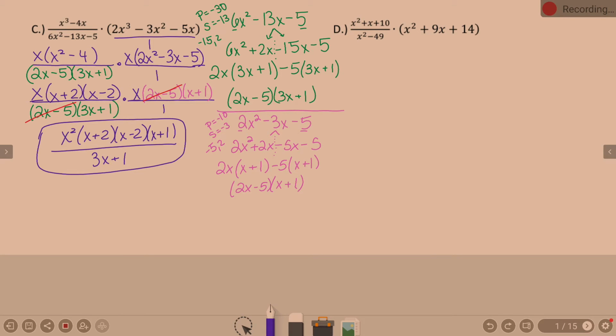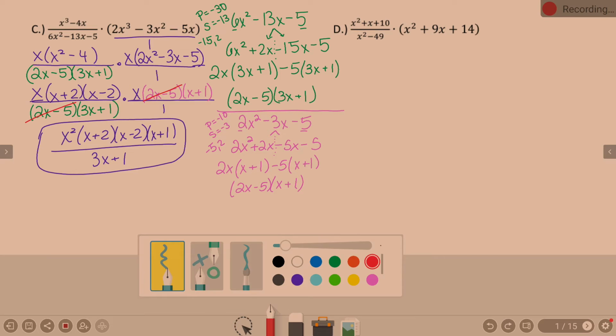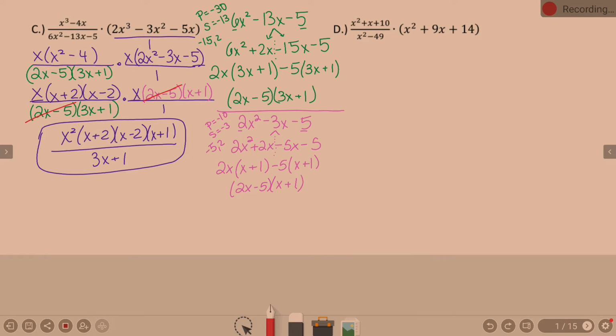Okay? Now, don't forget, we were practicing doing restrictions on the variables yesterday, right? How are we doing restrictions on the variables? You were taking any and all denominators and setting them equal to 0. Your factored forms, yes?